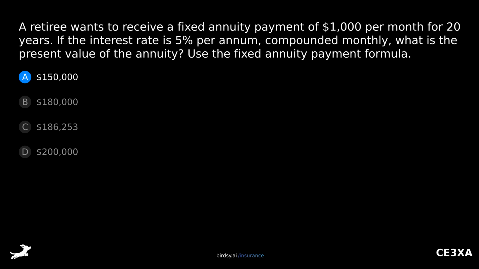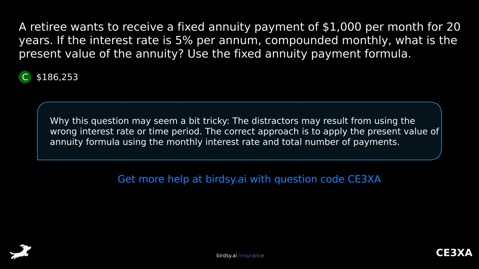Is it A, $150,000, B, $180,000, C, $186,253, or D, $200,000? The answer is C, $186,253. Why this question may seem a bit tricky.